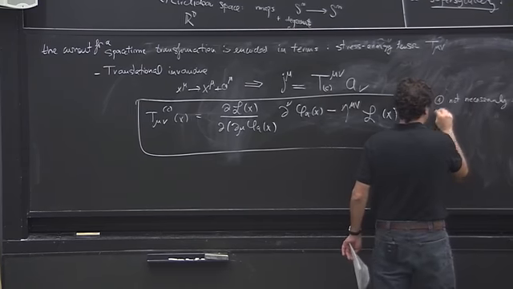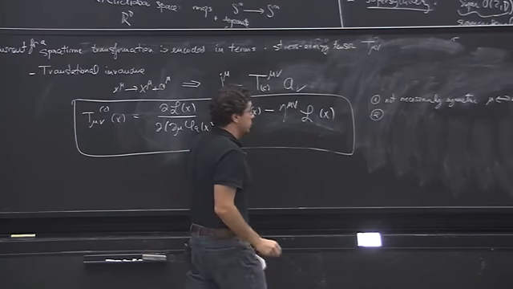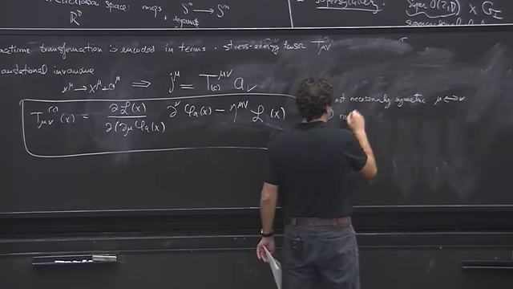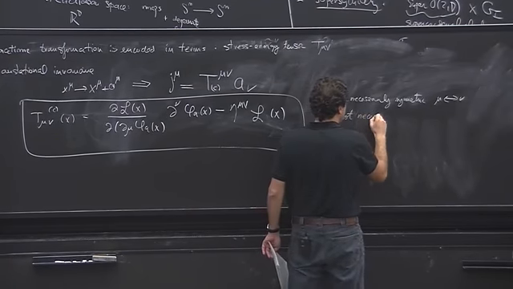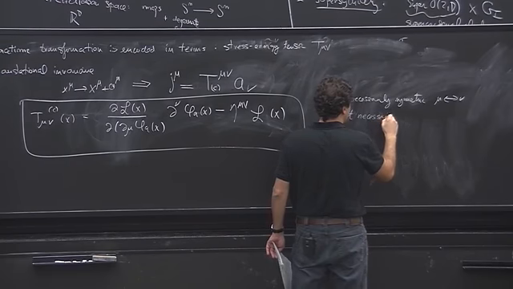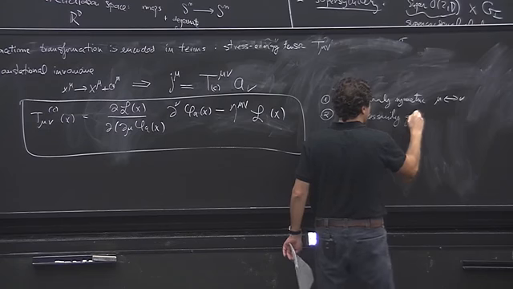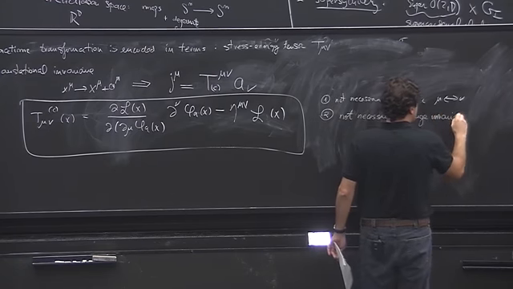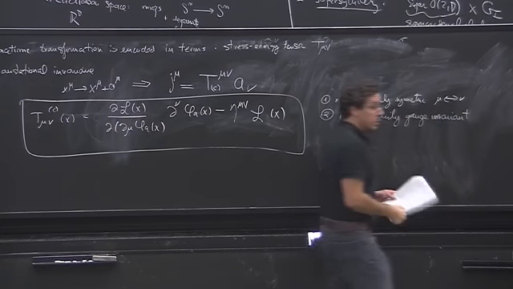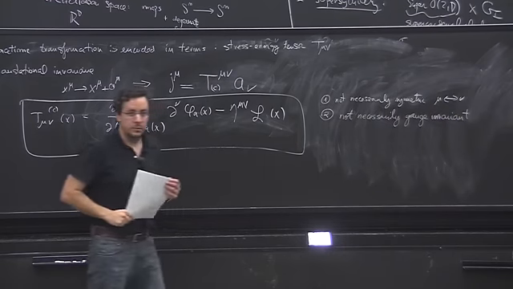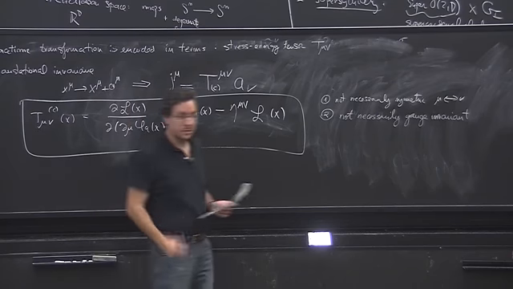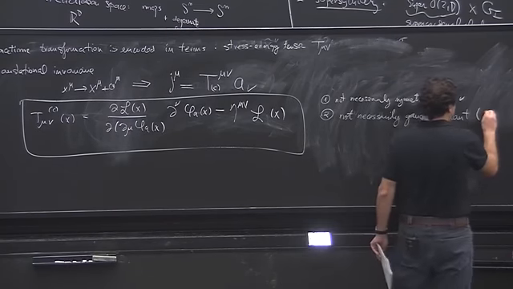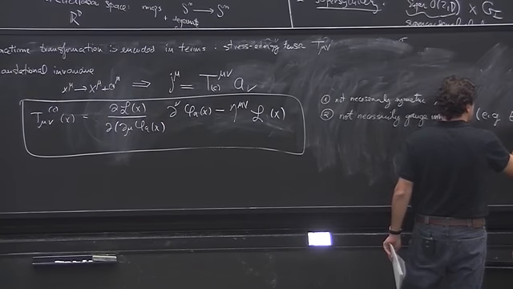And even more disturbing in some sense, it's not necessarily gauge invariant. So actually, if you compute the canonical stress tensor for electromagnetism, you will find it's not gauge invariant. Okay.